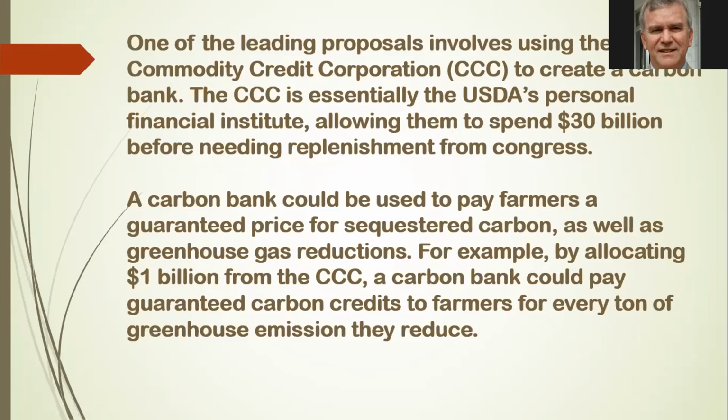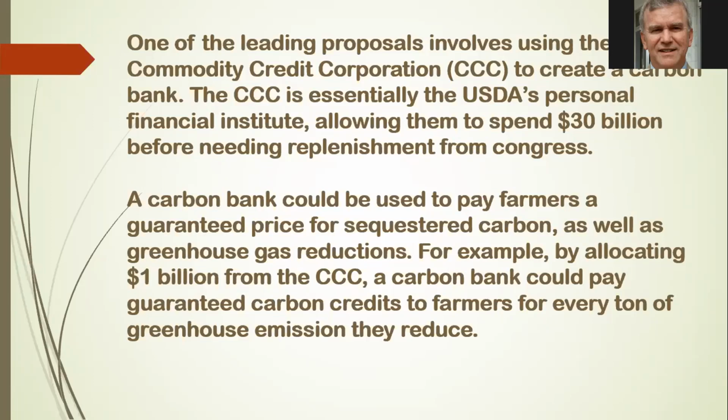Next slide. One of the leading proposals involves using the USA Commodity Credit Corporation, CCC, to create a carbon bank. The CCC is essentially the USDA's personal financial institute, allowing the USDA to spend $30 billion before needing replenishment from Congress. So these are the inner dynamics of a political system in the United States.